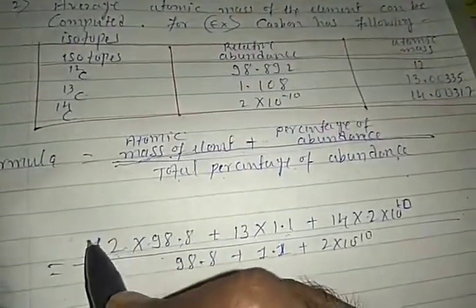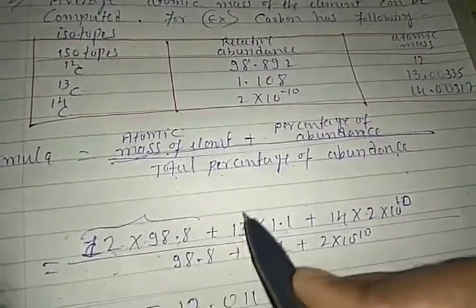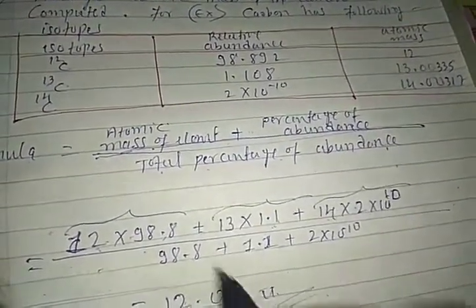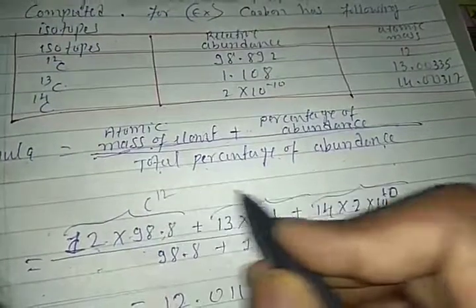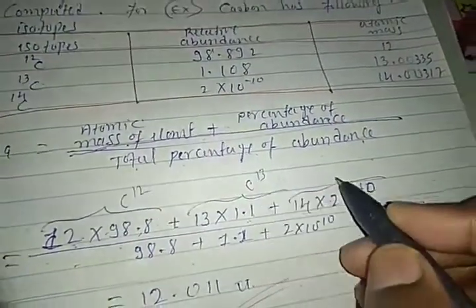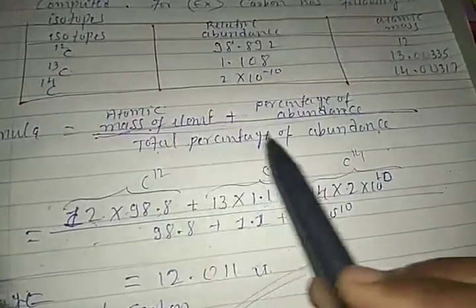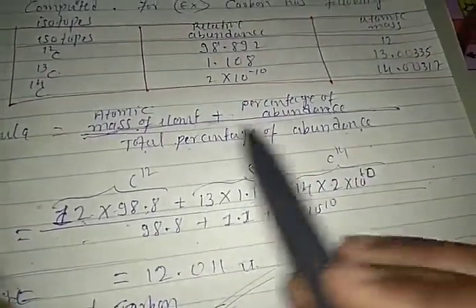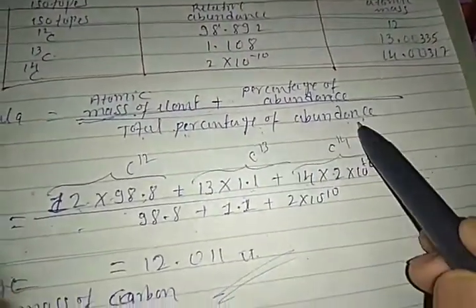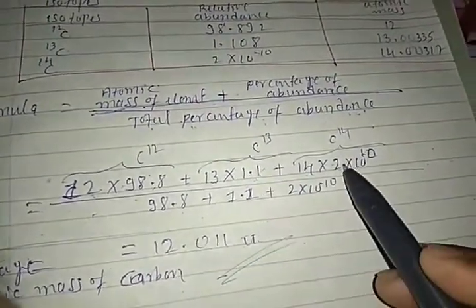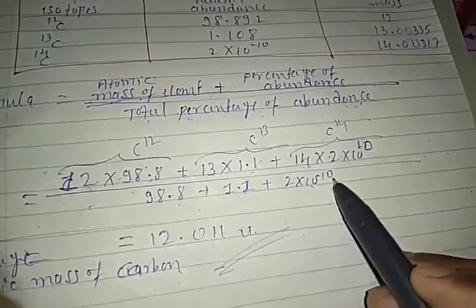So this is carbon 12, this is carbon 13, this is carbon 14, students. And total abundance means total percentage of availability: 98.8%, 1.1% and 2 into 10 to the power of minus 10%.